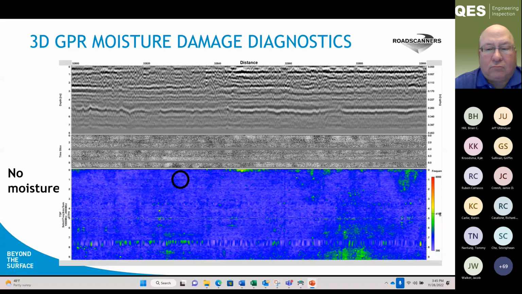And here's one last example of the moisture-related diagnostics we've been working on, tuning this analysis and working very much on frequency-related analysis. This is also a benefit of being ground coupled, because with a ground-coupled antenna, the energy you put into the pavement is very constant.